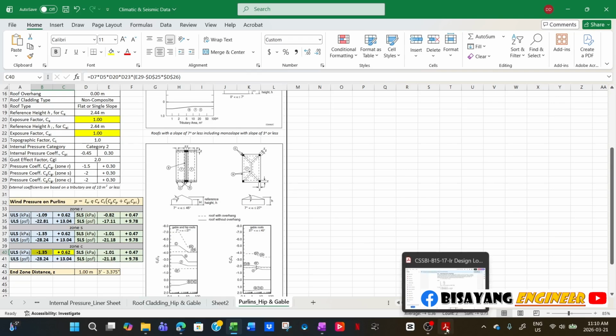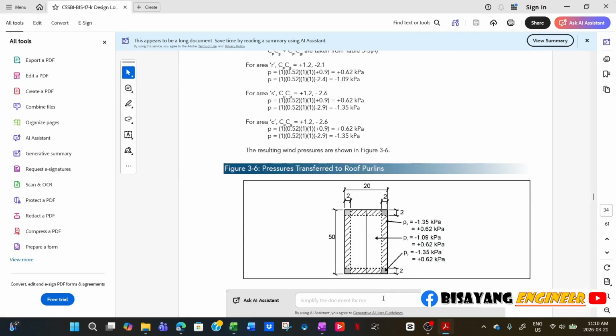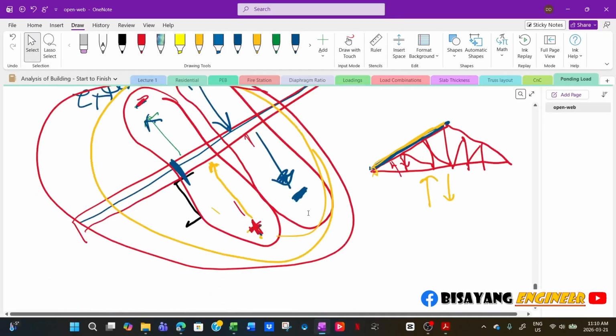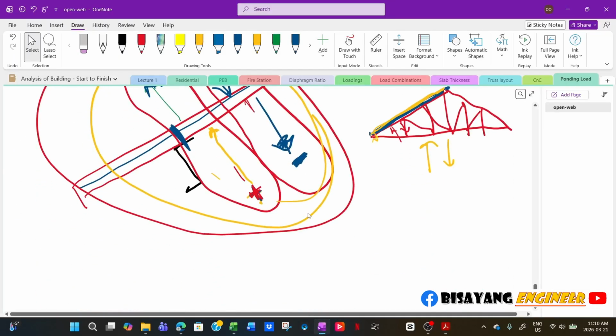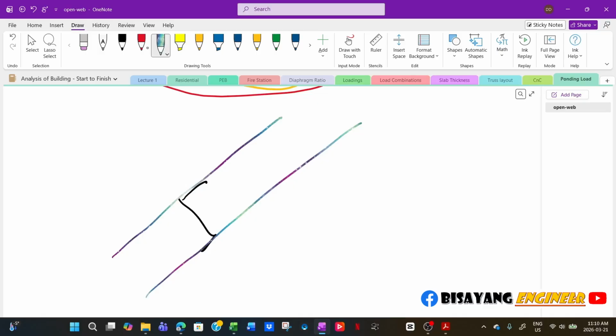So that's purlins. Basically, like I said, the purlin supports both the internal and external pressure. For example, this is your purlin, and your external pressure is right here, your roof cladding, and then you have the internal liner. But both the roof cladding and the internal liner are supported by the same element, this one.